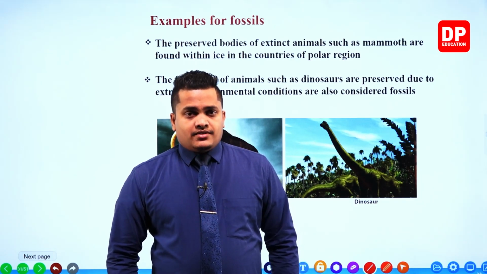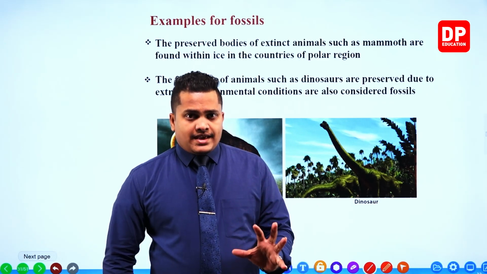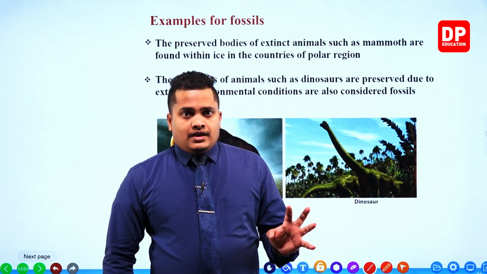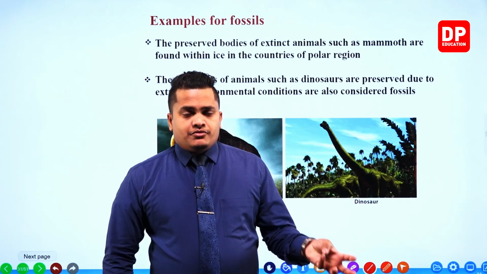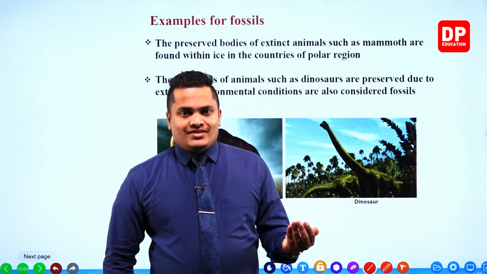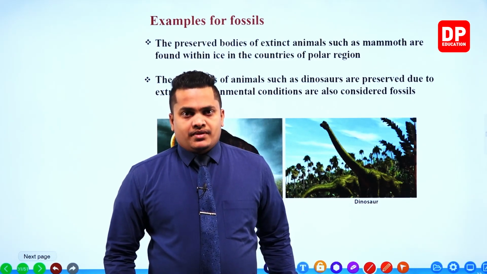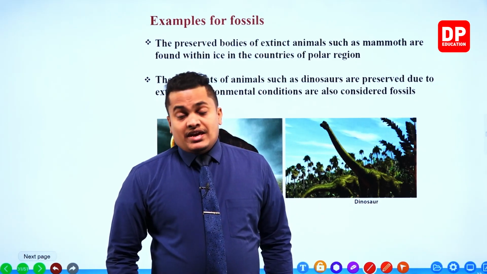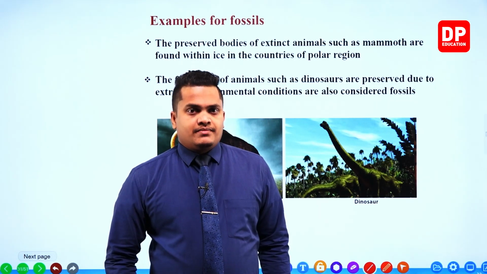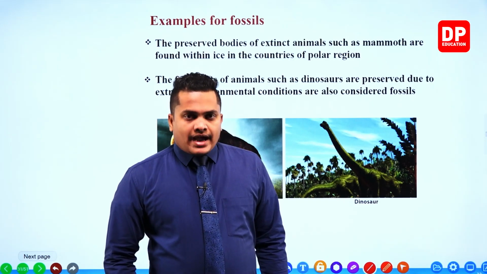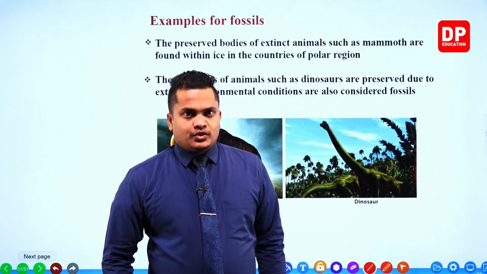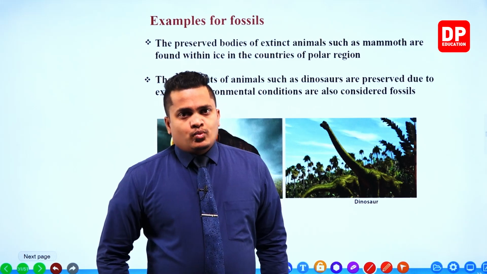It is assumed that the dinosaurs were extinct because of an asteroid collision with Earth millions of years back, and that's the main reason for wiping dinosaurs from the planet Earth. Mammoths were extinct mainly because of the climatic changes, and dinosaurs were extinct mainly because of an asteroid collision with the Earth.